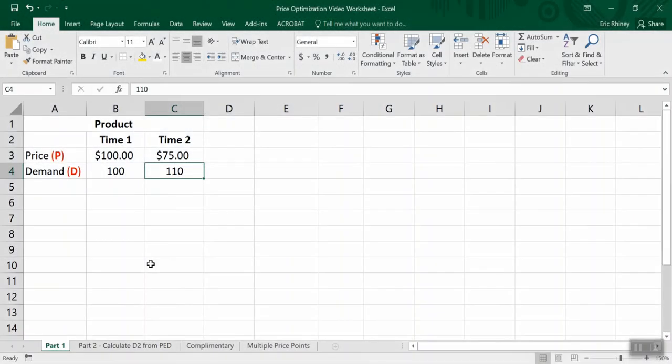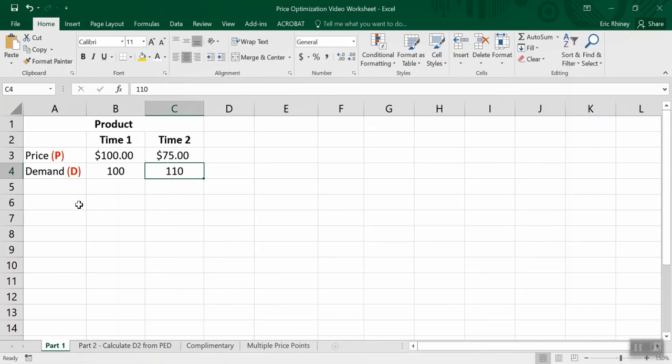So I've gone over to Excel and I've inputted the demand and the price that we started off with in my example over in the PowerPoint slides. We have at price 1, $100. We had a demand of 100 units. Then at price point 2, it was $75, and we have a demand of 110 units sold at $75.